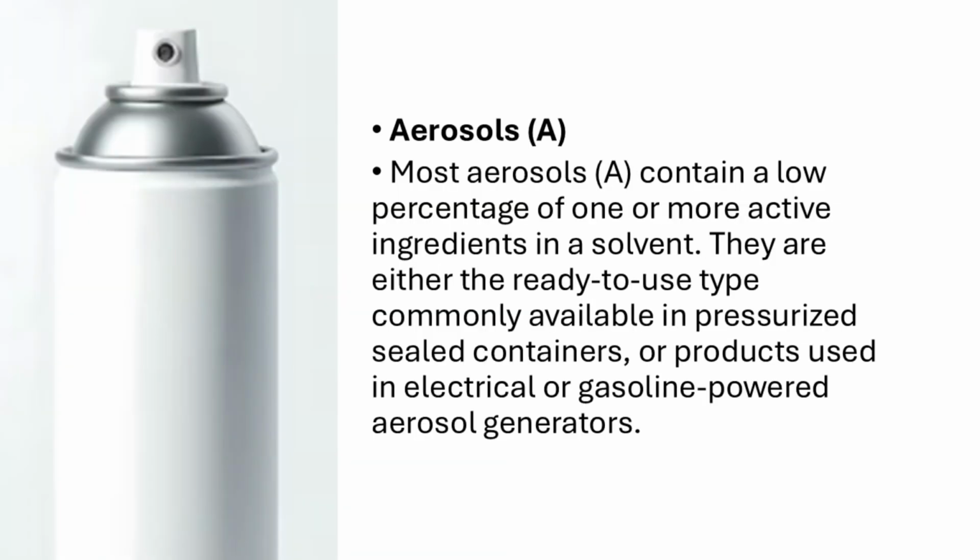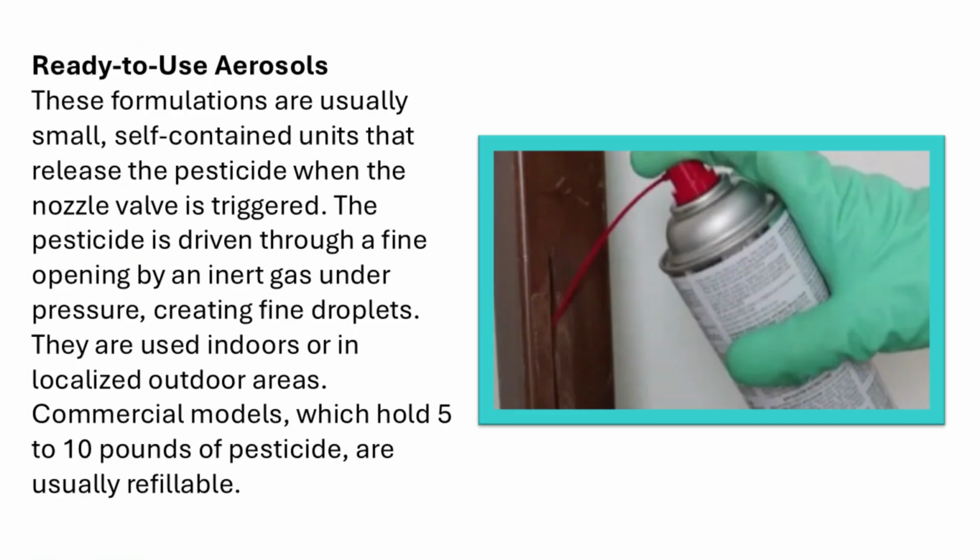Aerosols, also known as A. Most aerosols, A, contain a low percentage of one or more active ingredients in a solvent. They are either the ready-to-use type, commonly available in pressurized sealed containers, or products used in electrical or gasoline-powered aerosol generators. Ready-to-use aerosols.